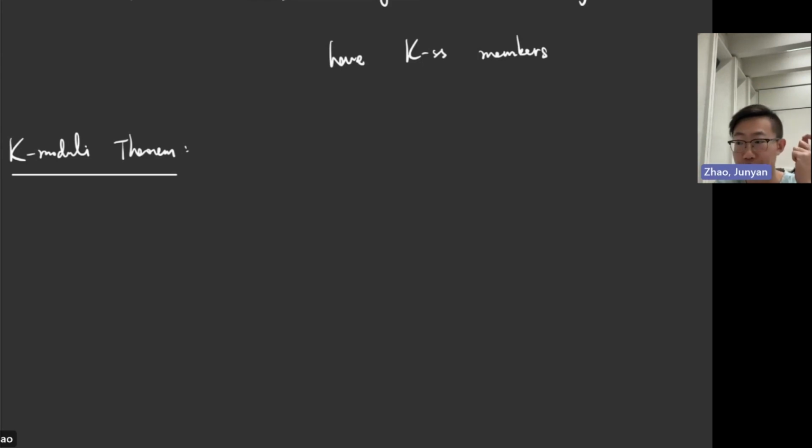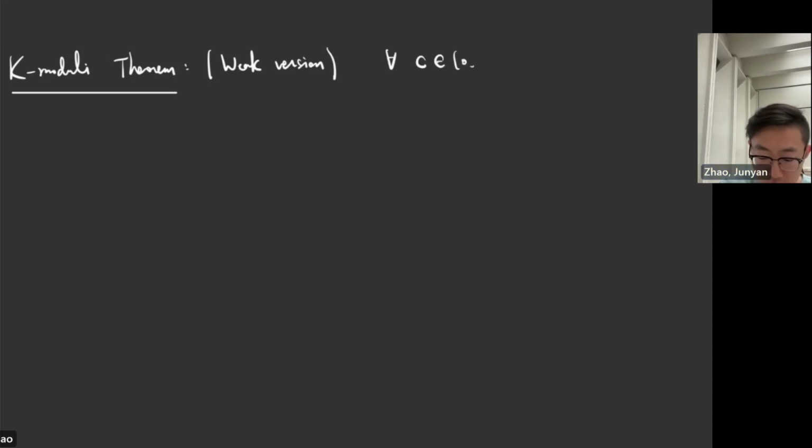This is the general version, but for us, let me only write down the ingredient that we will use. This is a quick version. For any rational number c, there exists a projective scheme denoted by M-bar^K(c).